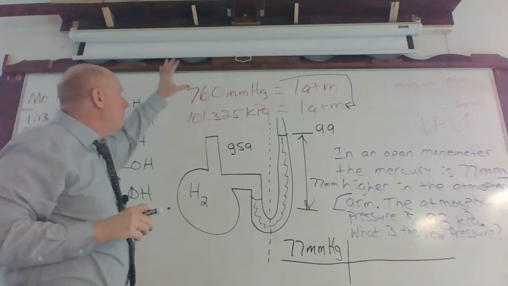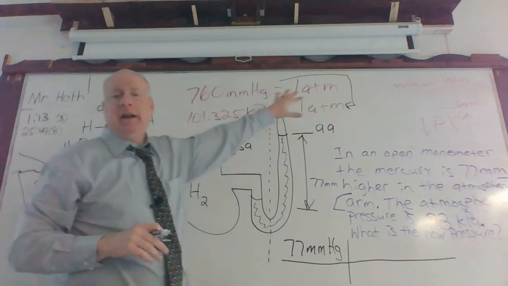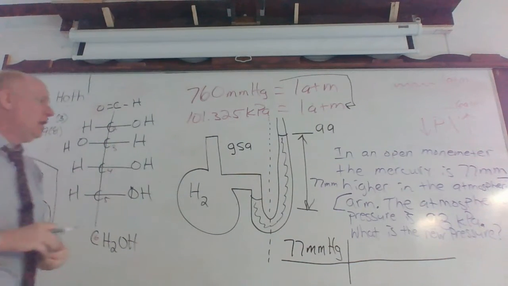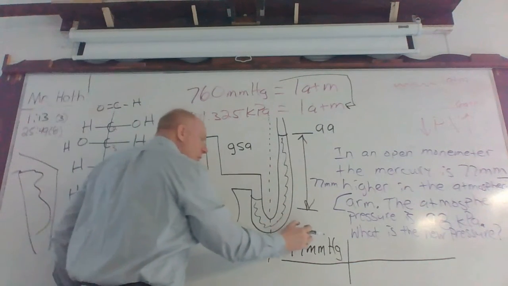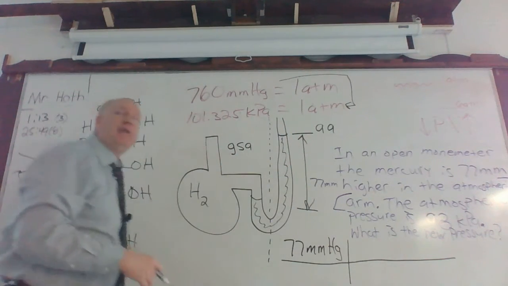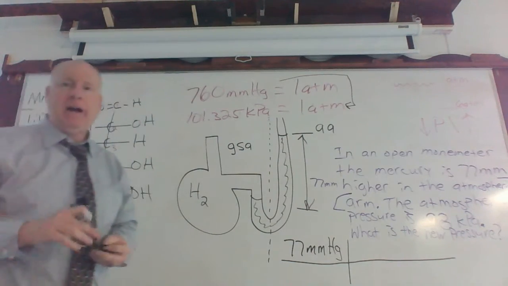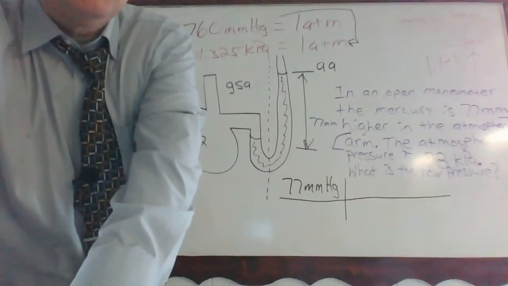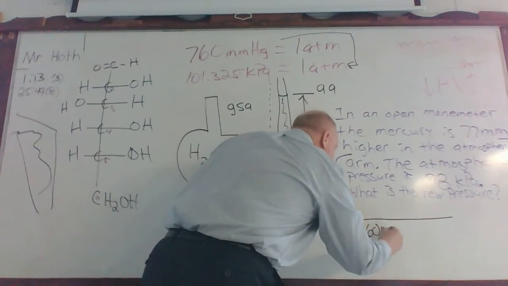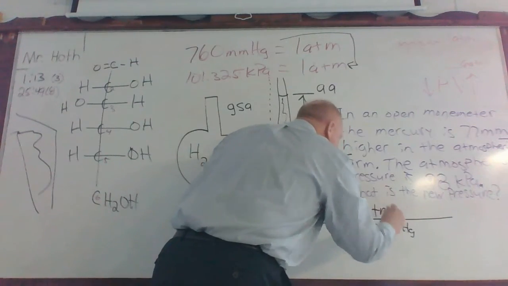How many millimeters of mercury equals an atmosphere? Well, we just read on page 364, it's 760. So, to cancel out millimeters of mercury in our next step, would we put that on the top or the bottom? We put it on the bottom. That's right. So, for every 760 millimeters of mercury, we get 1 atmosphere pressure.